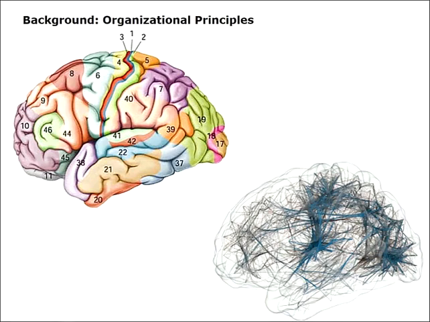It's not entirely clear what are the most relevant organizational principles in the brain in general, but two of the things that we used over more than 100 years now to distinguish these are what you see on the left, functional segregation, and on the right, functional integration.